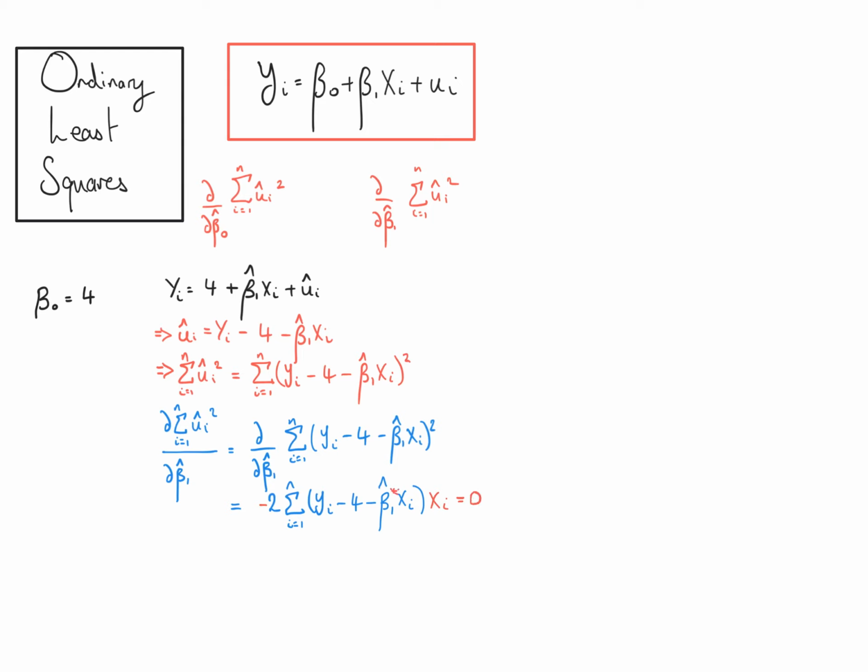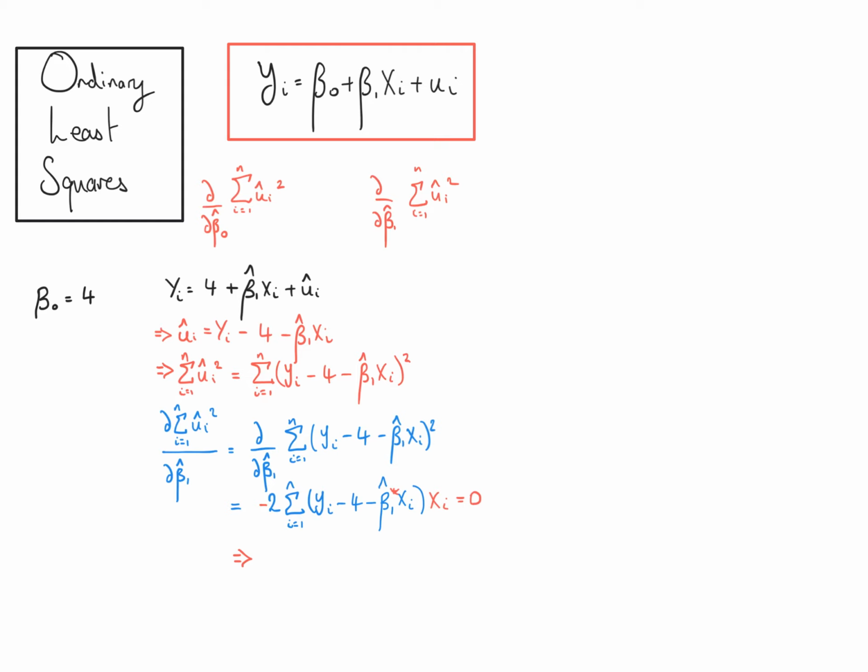So let's indicate that we've chosen our beta 1 hat by putting a beta 1 hat star. We can now rearrange this a little bit: let's get rid of the minus 2 because we can divide left and right by minus 2. We've got the sum of yi minus 4 times xi. We've also got the minus beta 1 hat times the sum of the xi squareds.